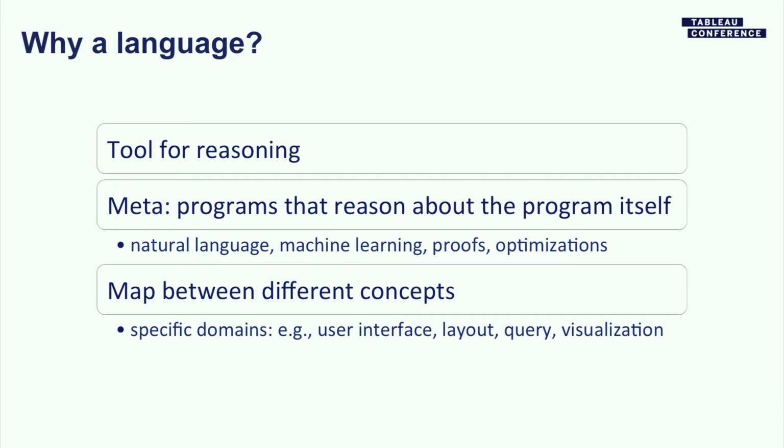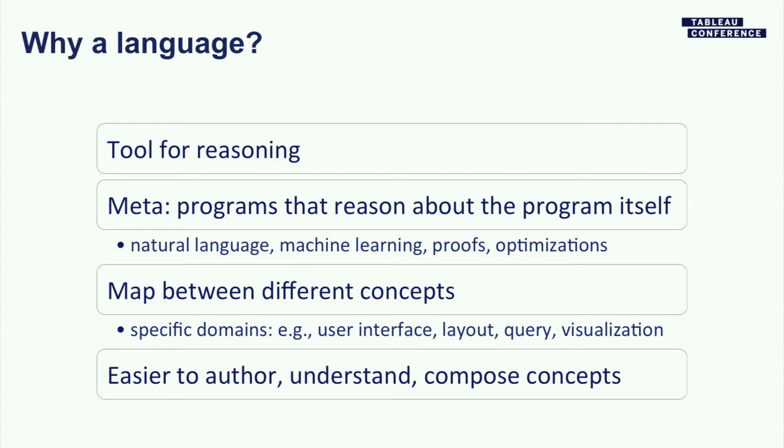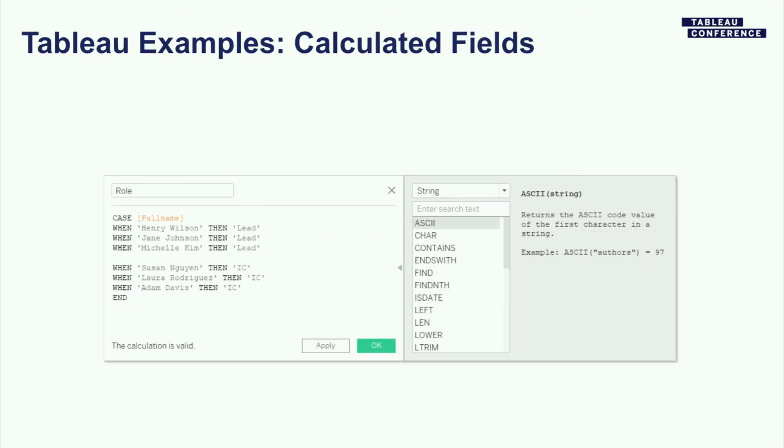And with a well-designed language, you could tie together these completely unrelated concepts. It also can make it easier to author new ideas when it's aimed at your domain, rather than it being something that's more general purpose. It can allow you to understand new concepts, compose concepts together in new ways.